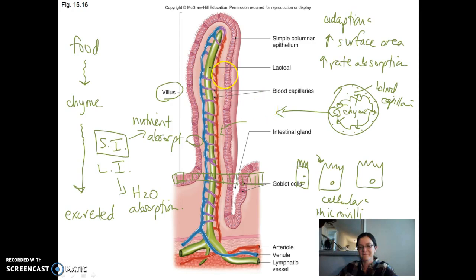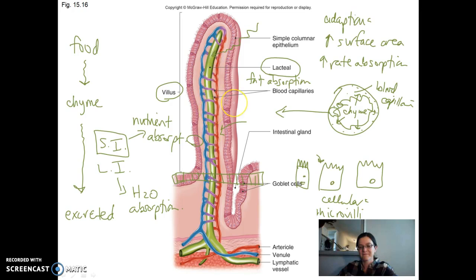While we're here, I also want to show you this green capillary called the lacteal. We learned in the last couple of chapters that these green vessels are part of the lymphatic system, and the lacteal is the place where fat absorption occurs. When fatty material comes in from the lumen and is transported across this membrane, it moves into the lacteal.